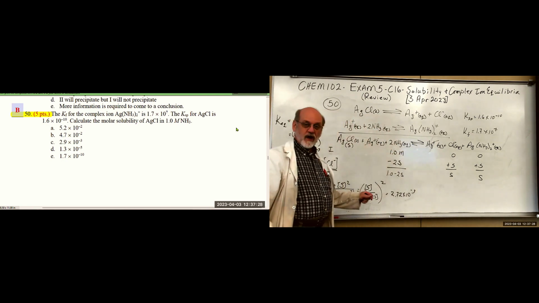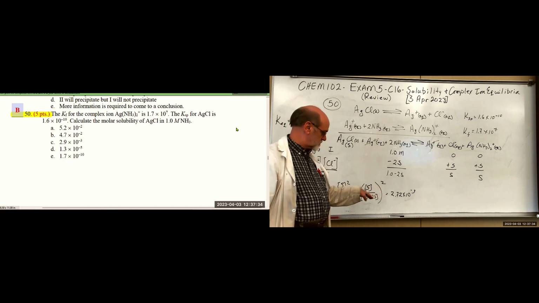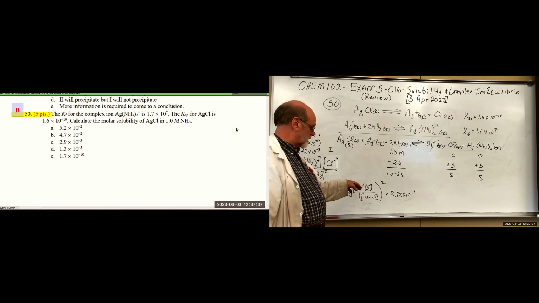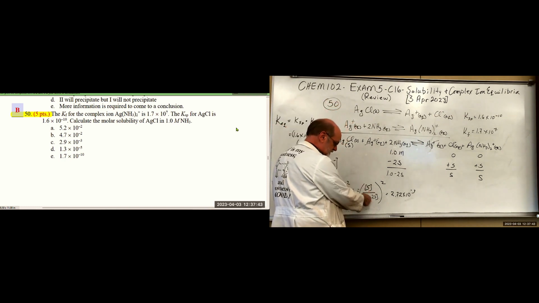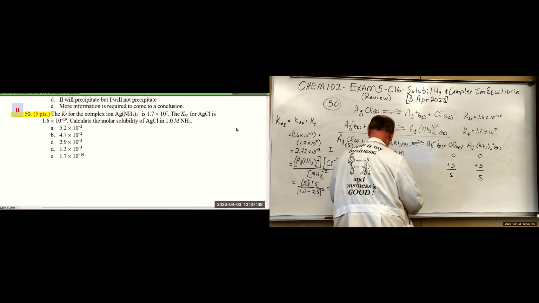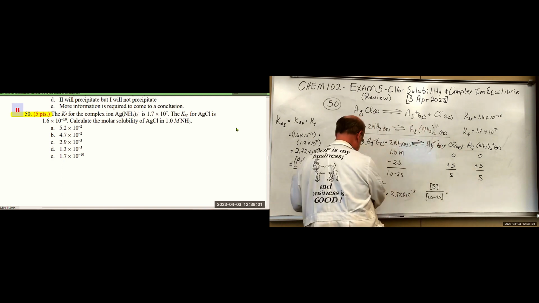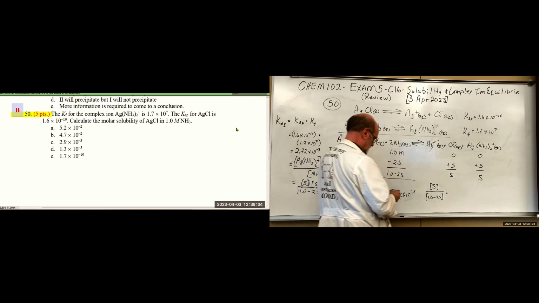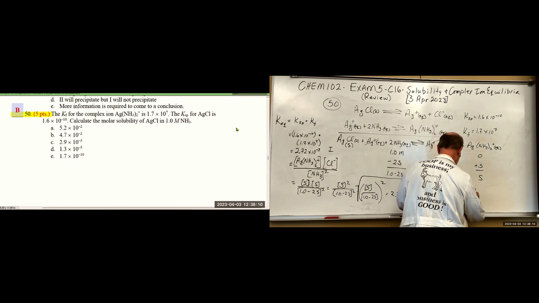Okay, so really all we need to do to get rid of the square factor is to take the square root of both sides. So if we do that, need my calculator for that one. The square root of this one is just this term, and the square root of that one is, let's see, s over 1 minus 2s is equal to the square root of this, 5.22 times 10 to the minus 2.